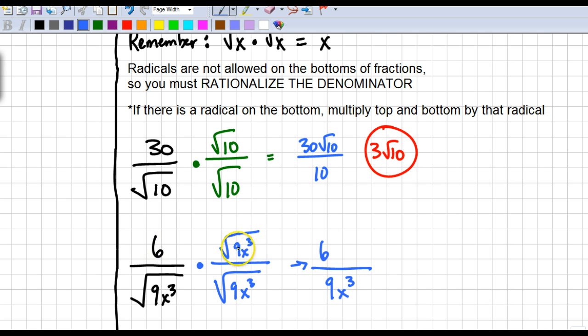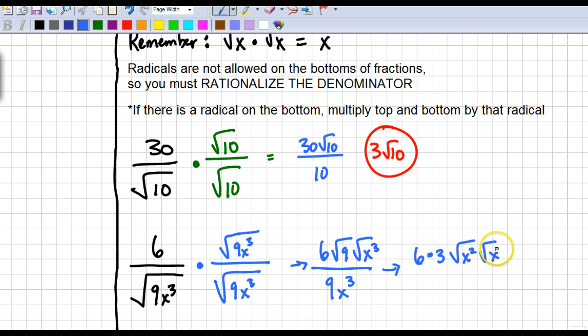And now we know we can simplify the 9 and the x cubed a little bit further, so I'm going to break those up so that they each get their own separate radical. And what you'll find is that square root of 9 makes a 3, and that is supposed to be multiplying by the 6. We'll put a times symbol in there and put a 3. The radical x cubed can be simplified down to x squared and x.